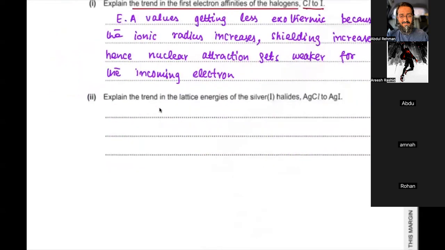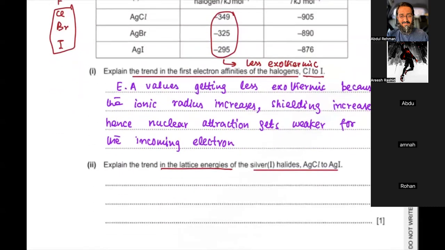Okay. Now, explain the trend in lattice energies of silver(I) halides. If you see, they are also getting less exothermic. The lattice energy values, the same reason: the ionic radius of the halide ion increases from chloride to bromide to iodide.